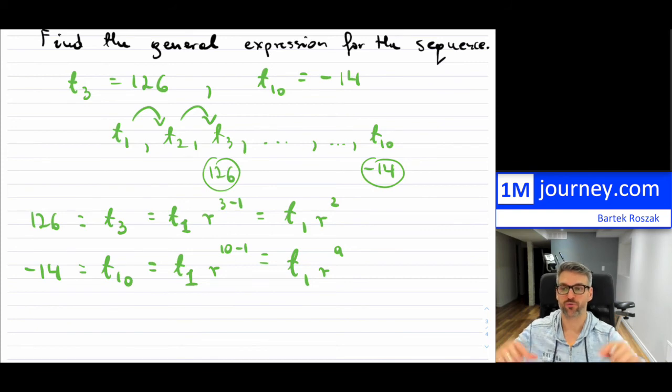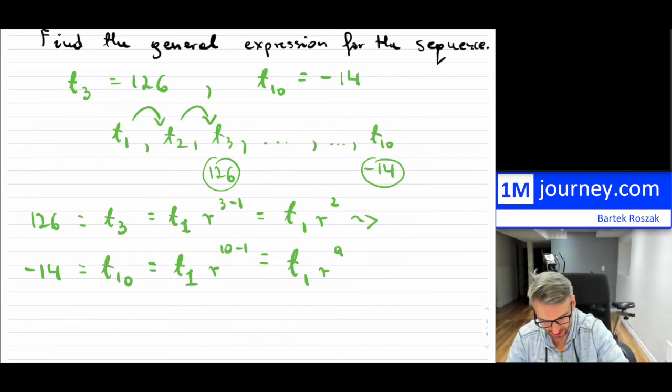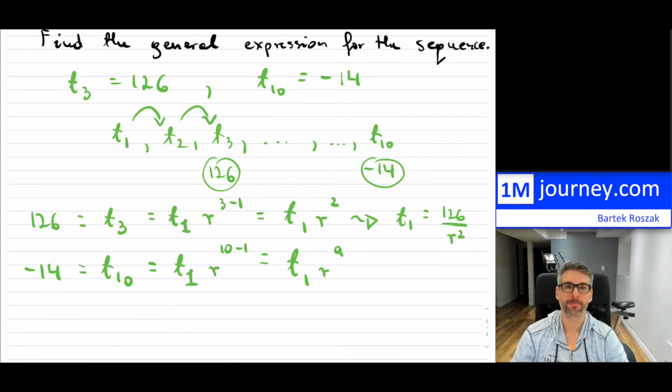Or you can take a ratio between the two and then find out what R might be. Here, I'm going to isolate for T1. So T1 is equal to 126 divided by R squared. We know that R is not equal to 0, so that's fair game, it's not going to cause us any problems.